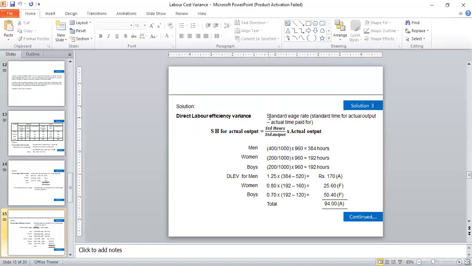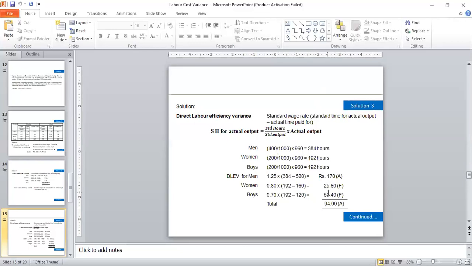For men, it is the standard wage rate 1.25, multiplied by the standard time for actual output, that is 384 hours, minus actual time, from the table we have taken 520 hours, and in the final calculation we got rupees 170 adverse variance. In case of women, standard rate is 0.80. Revised standard time for actual output is 192 hours, minus actual time paid is 160 hours.